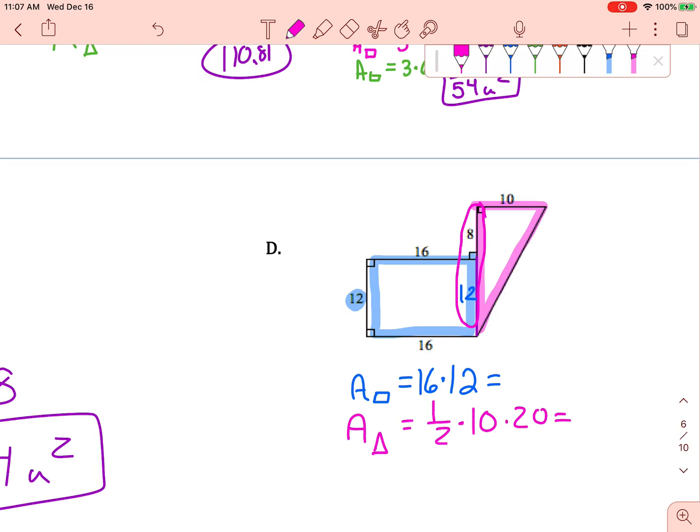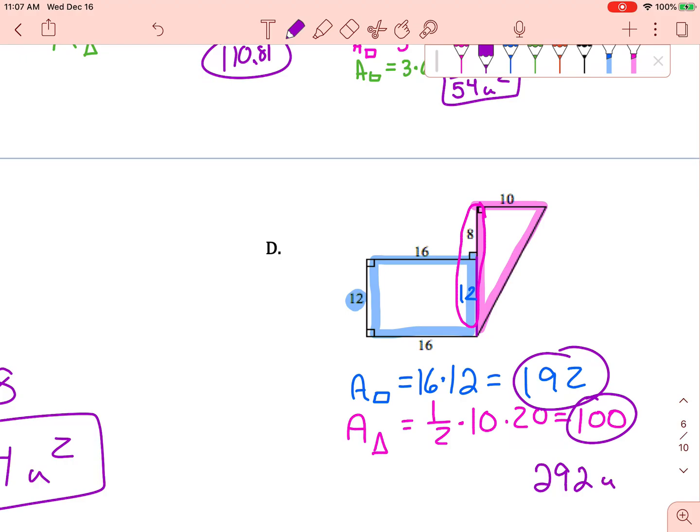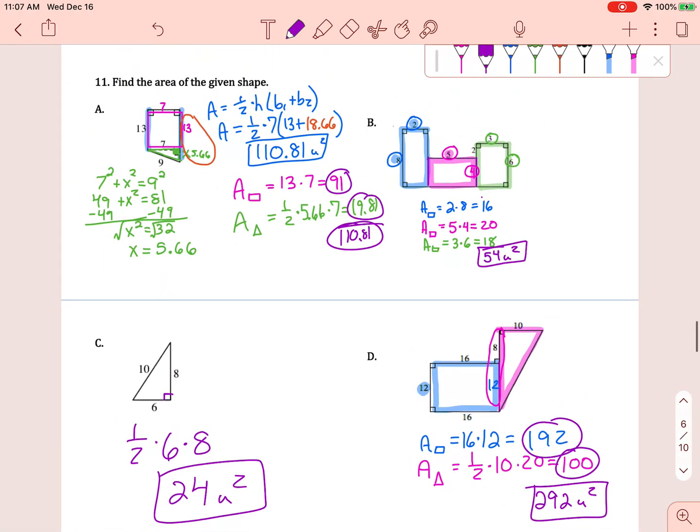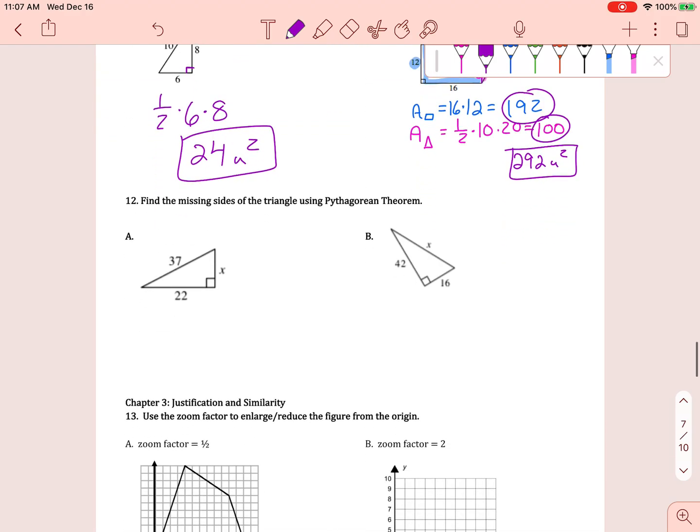Okay, so the area of 1/2 times 10 times 20 gives me 100, and 16 times 12 is giving me 192. Therefore, the total area when I add these together is 292 units squared. Okay, so area, making sure you guys remember all your formulas.